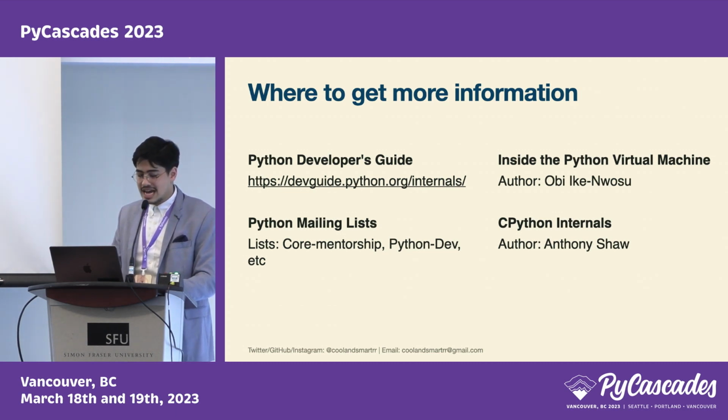You could also ask the Python mailing list. Here are some of the mailing lists that you could use. Core Mentorship is good for beginners who want to change the CPython source code. There's also Python Dev, etc. If you subscribe, you always see Guido responding. So it's a pretty nice community, and I wish Stack Overflow was kind of like this.